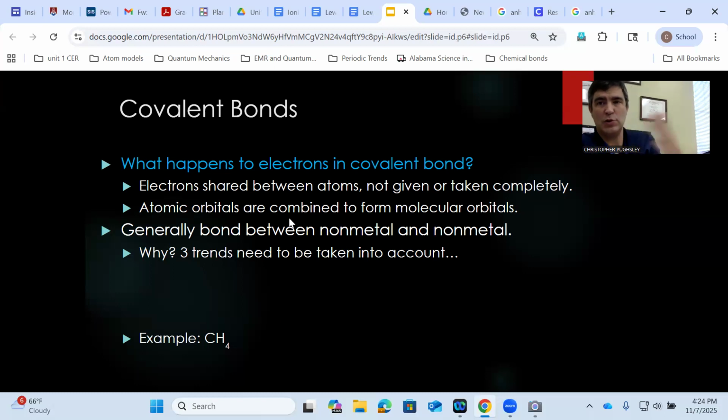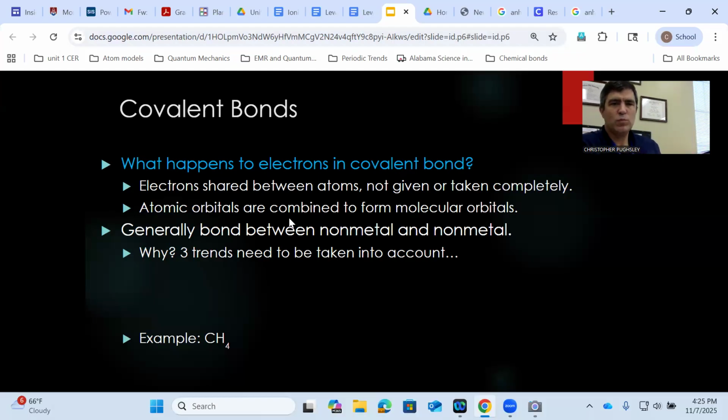And we went over that. That's what our test was on. Now we're shifting to covalent bonds, and we're going to go a little bit deeper into it. Covalent bonds share electrons so they can be stable. Those shared electrons are attracted to both nuclei, and that holds the atoms together.